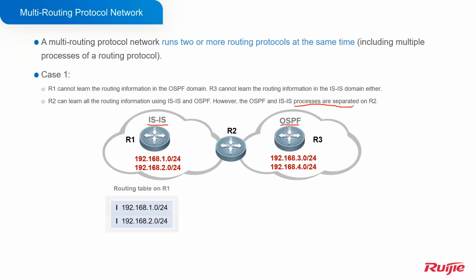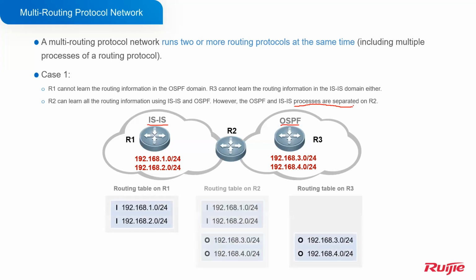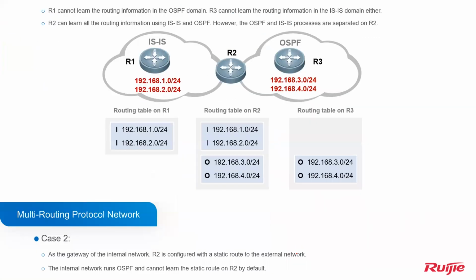This is the first case. When you check the routing table, you can find on R2 both of these protocols' routing entries, but on R1, you can only find the ISIS routing table. On R3, you can only find the OSPF routing table.